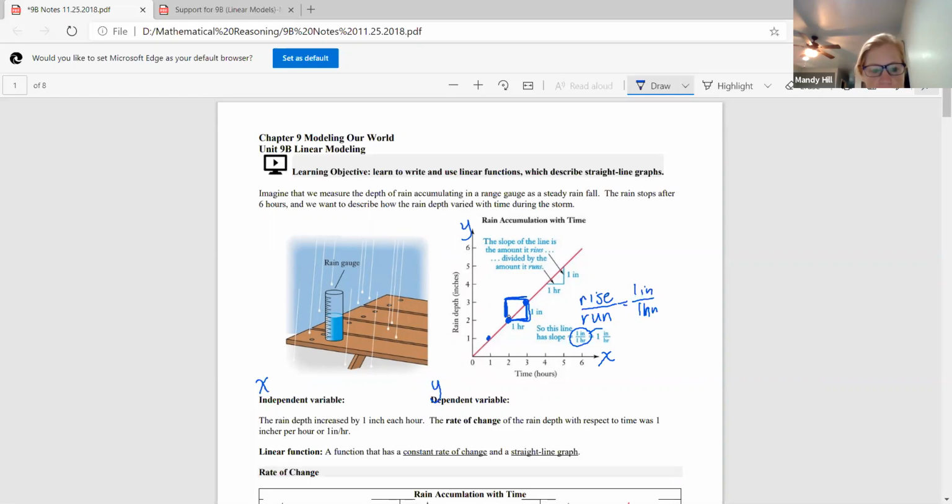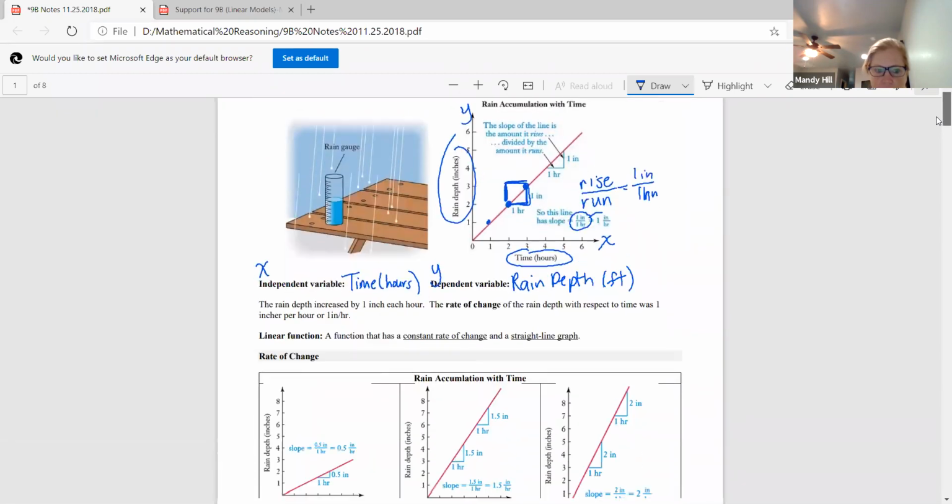On the x-axis, we have time in hours, and on the y-axis, we have rain depth in feet. Our dependent variable depends on our independent variable. If no more time passes, then the rain is not going to get any deeper.